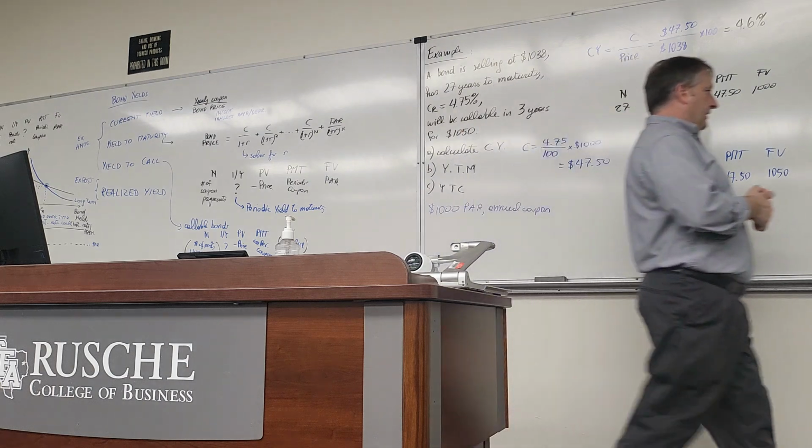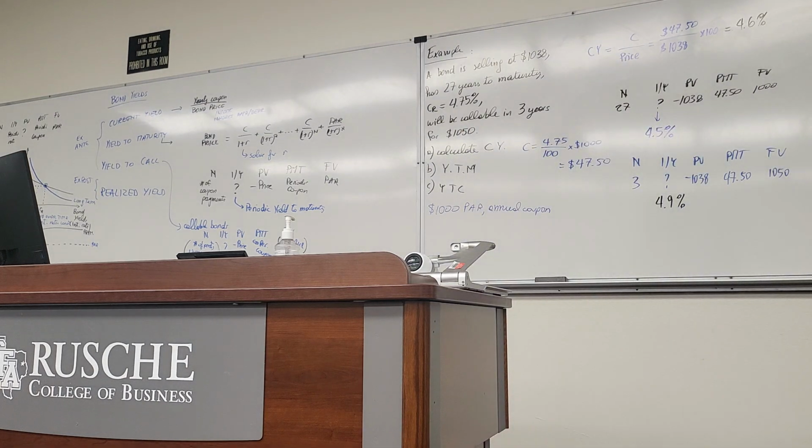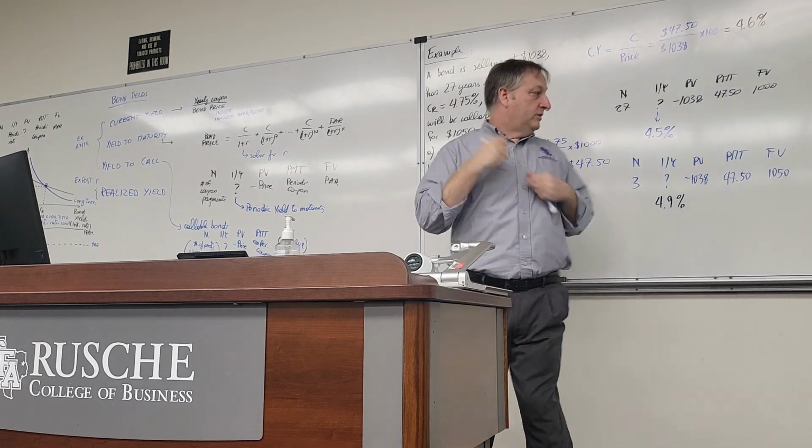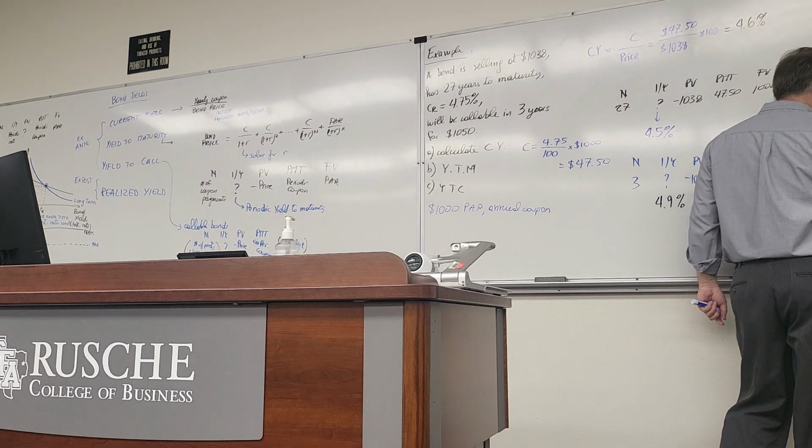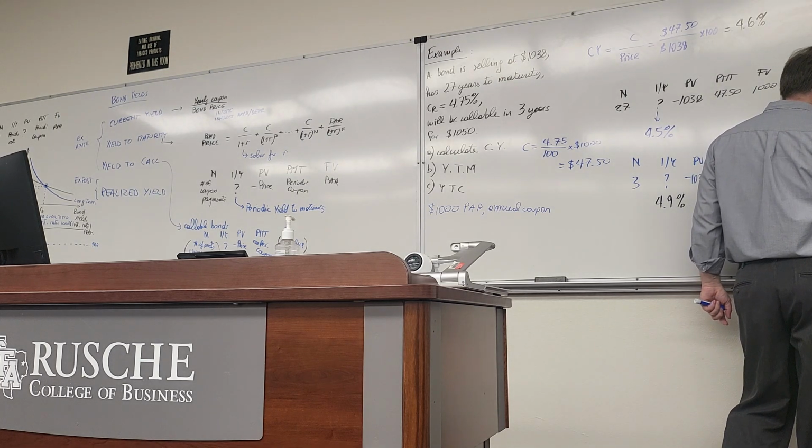So that should give you a hint that what you got here is the interest rate only for 6 months. We're scaling this problem into 6-month periods. So every time you give a yield, it has to be annualized. So your correct answer is going to be this times 2, which is 4.5%.